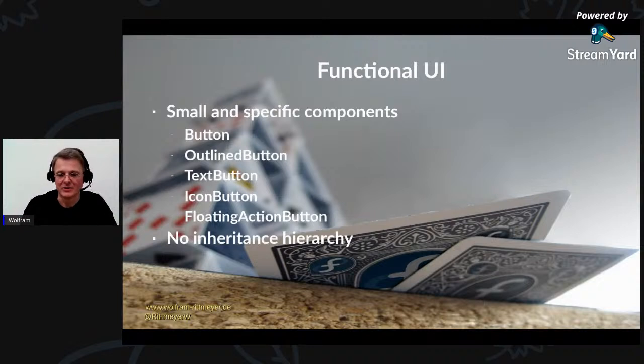So button is the normal button that you usually have, a filled button. Then we have an outline button where you just have an outline outside of the button, a text button for something that appears like a link, an icon button, and a floating action button. And no inheritance hierarchy here. So this makes it much easier to recombine them and to maintain those components. So this is easier for Google, but it's also easier for us when we create our own UI.